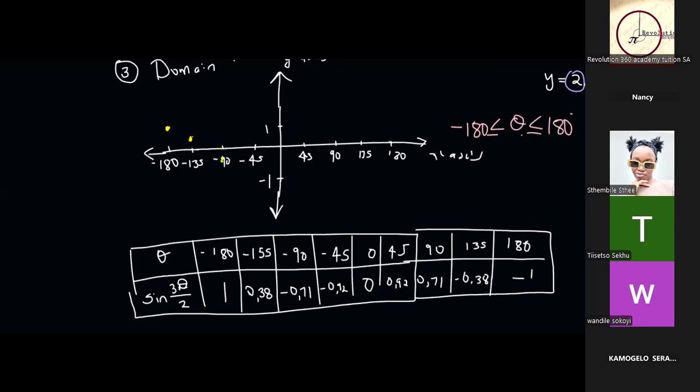Then 0 and 0. 45 and 0.92. 90 goes hand in hand with 0.71. Then 135 and minus 0.38. 180 and negative 1.